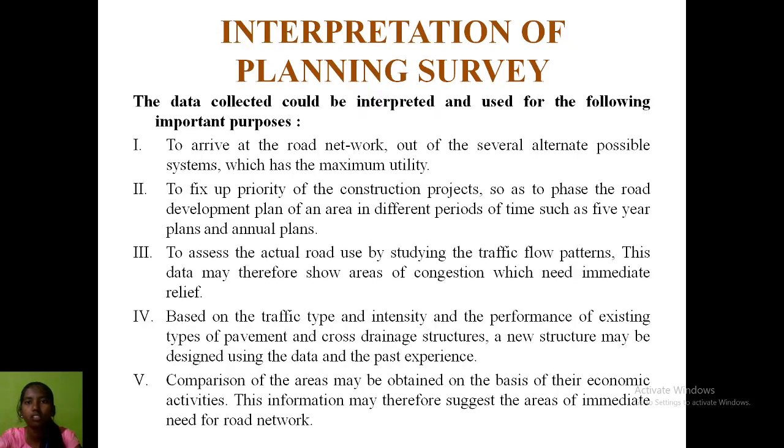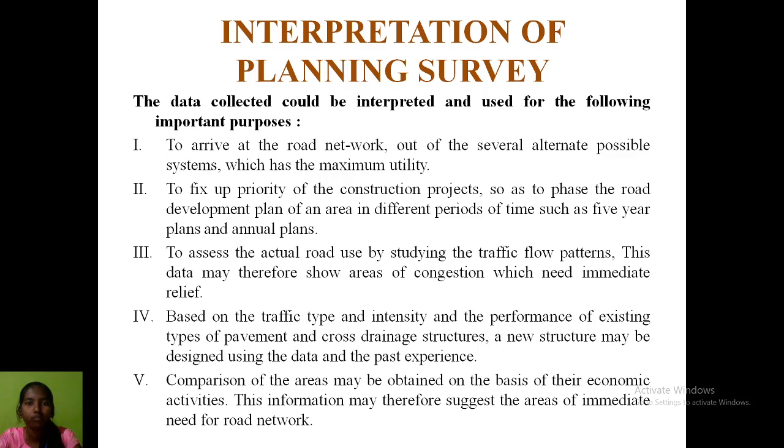And the last one is interpretation of planning survey. The data collected can be interpreted and used for the following important purposes. The first one is the road network out of the several alternate possible systems with the maximum utility. And the second one is the priority of the construction project.